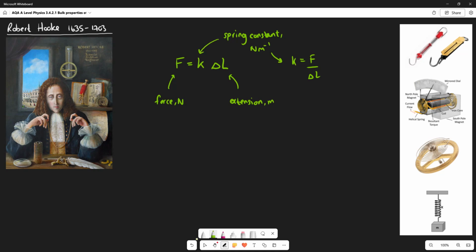The spring constant is a measure of the stiffness of the material, namely, a spring with a small spring constant will extend a long way when a force is applied, and a spring with a large spring constant will only extend a short way when the same force is applied.